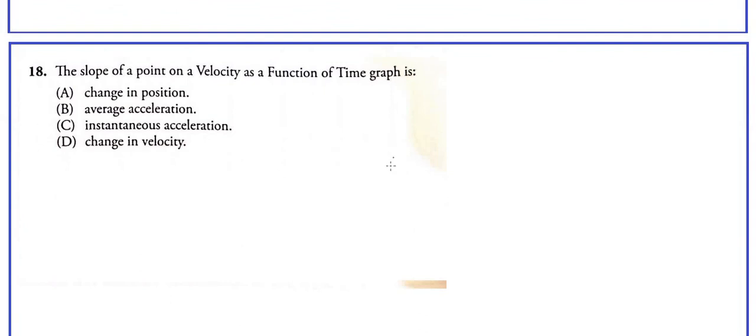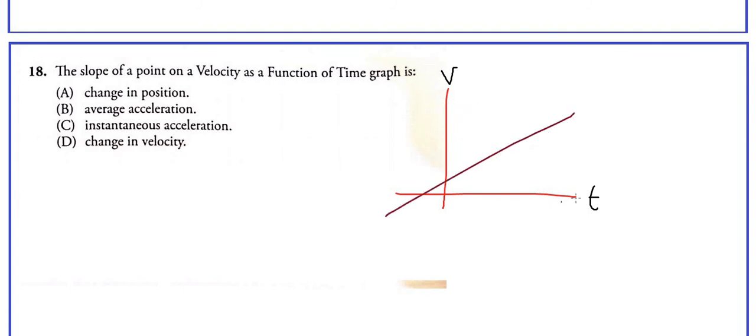The slope of a point on a velocity as a function of time. So we have velocity as a function of time graph. So here the slope is always delta y over delta x, so y-axis over x-axis, which is velocity over time. And we can do dimensional analysis.